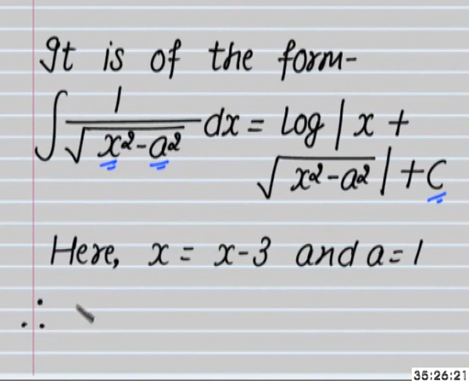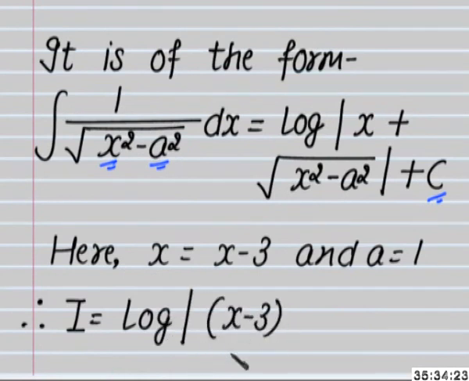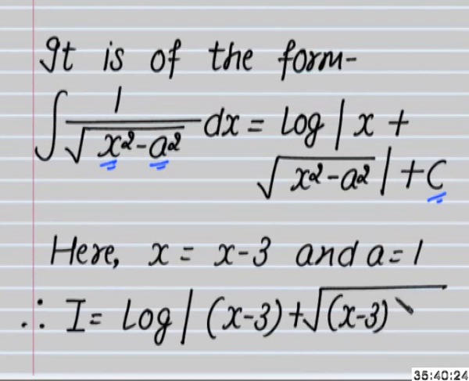Therefore, I is equal to log of mod of x minus 3 plus square root of x minus 3 whole square minus 1 square plus c, where c is the constant of integration.